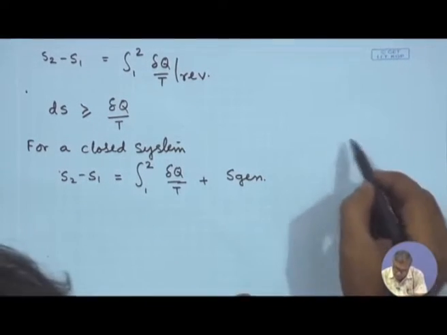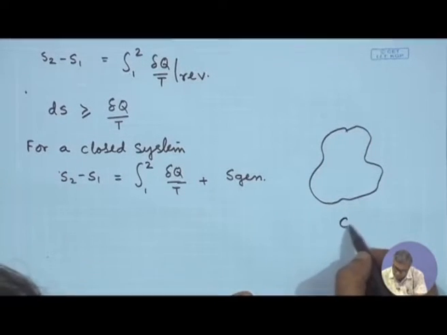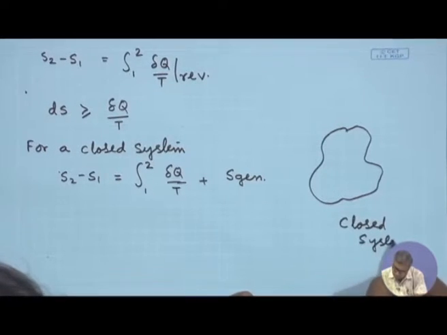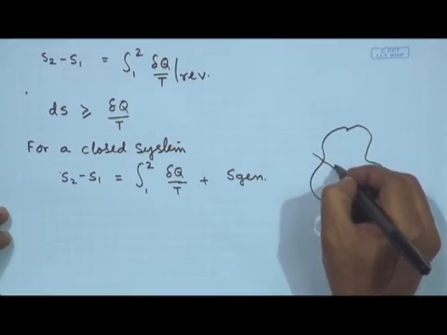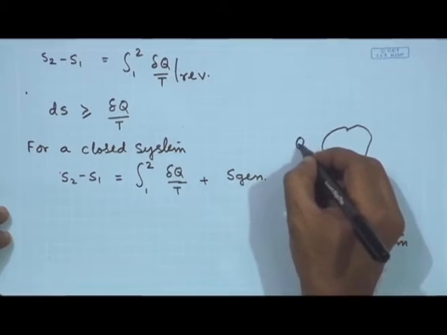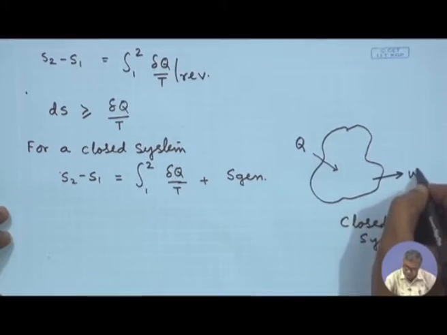So, let us take an example. Let us say this is a closed system. When we say it is a closed system, it means there is no mass coming into the system or going out of the system, and there is of course heat interaction and work interaction.